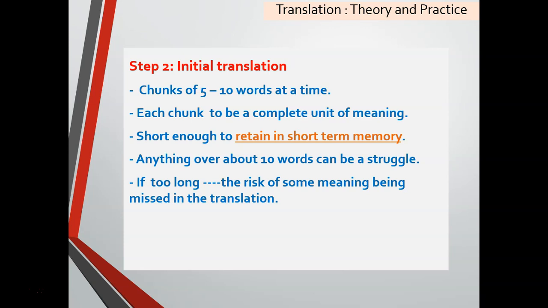Working with chunks that are too short or not discrete meaning units tends to produce an unnatural or potentially unclear translation. On the other hand, working with chunks that are too long to easily remember runs the risk of some meaning being missed in the translation. So it should not be too short, because the meaning will not be complete, and it should not be too long, because definitely there will be some meaning loss or semantic loss in the translation process.